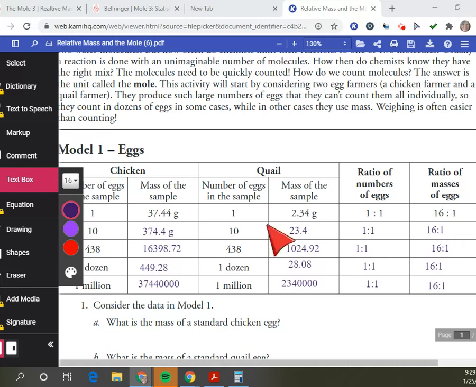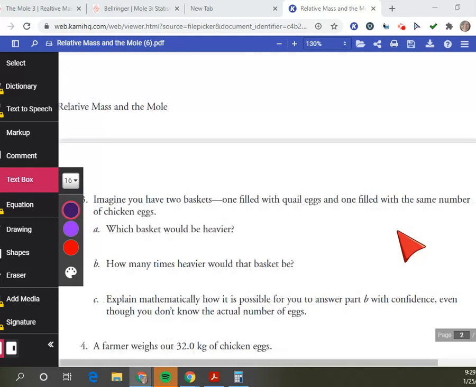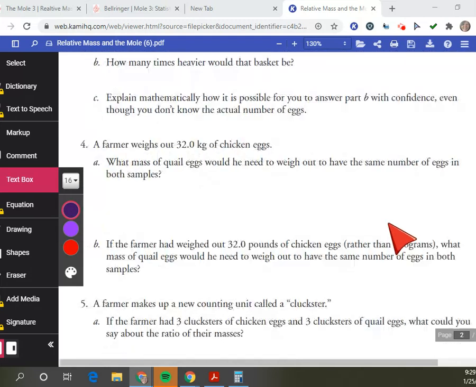So if for one chicken egg, dividing by 16 gives me the mass of 1 quail egg, right? So I'm going to use the ratio. I'm going to divide by 16. And conveniently, I think they probably knew this when they made the paper, a farmer weighs out 32 kilograms of chicken eggs. If I divide 32 by 16, what am I going to get?